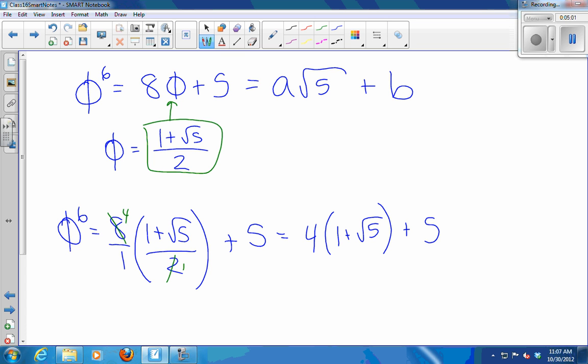So all I did in the first step was say, well, 8 over 2 is 4. Then I'm going to distribute that 4 to both terms in the parentheses. So I get 4 plus 4 times the square root of 5 plus 5.